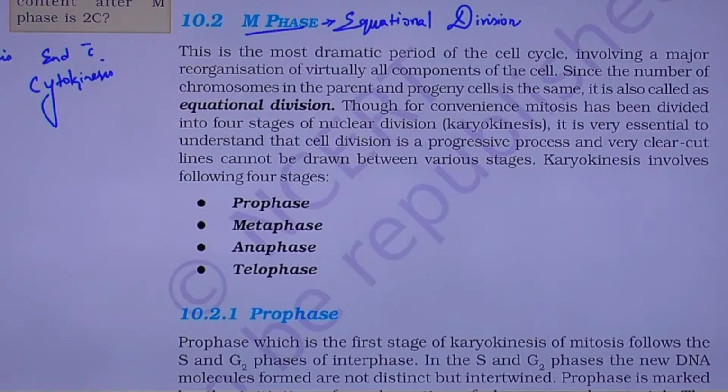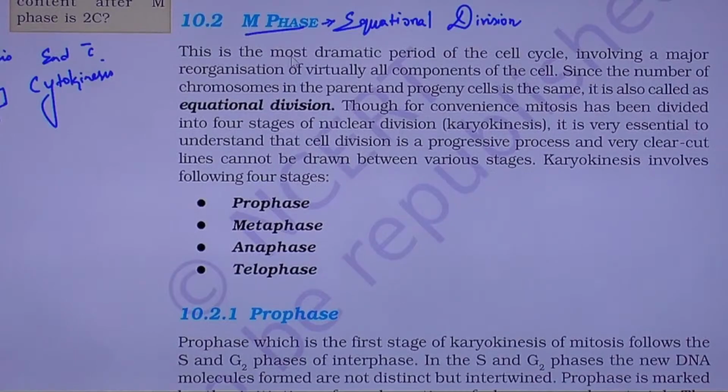Karyokinesis is divided into 4 phases: prophase, metaphase, anaphase and telophase. Yesterday we saw this in outline, so today we will go through the M phase, that is the mitosis phase, in detail.